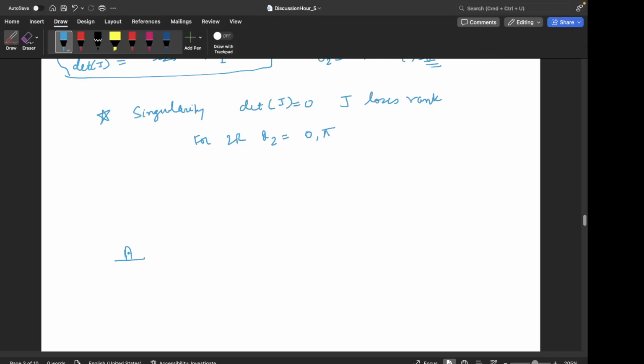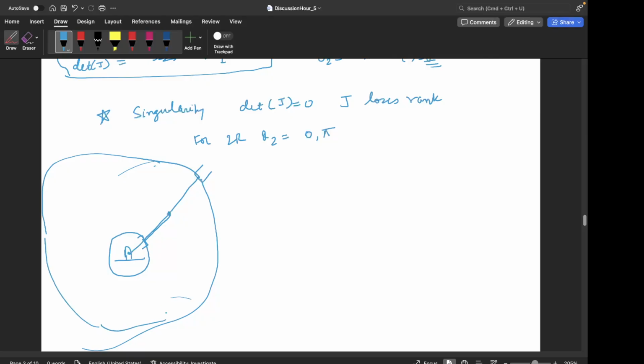So this is a 2R manipulator. This is the fully extended position, and let's say this is the fully folded position, and it's back like this. So this is the limit of the workspace on the closer side, and this is the limit of the workspace on the outer side, the outer circle.